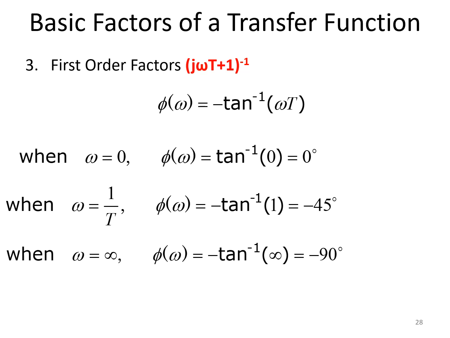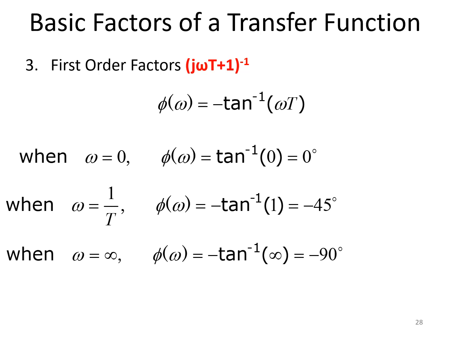And the phase value, since it's a reciprocal, you will have a negative angle here, so phi of omega is taken as minus tan inverse of omega t. When omega is equal to 0, phi of omega is tan inverse of 0, when omega is equal to 1 by t, it is minus tan inverse of 1, and when omega is equal to infinity, it is minus tan inverse of infinity, that is minus 90 degree.